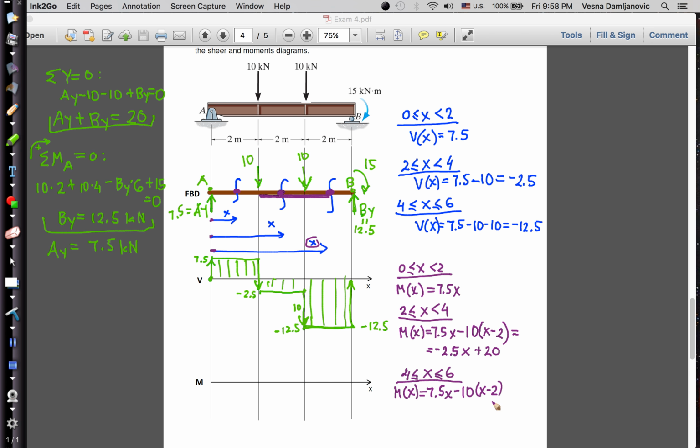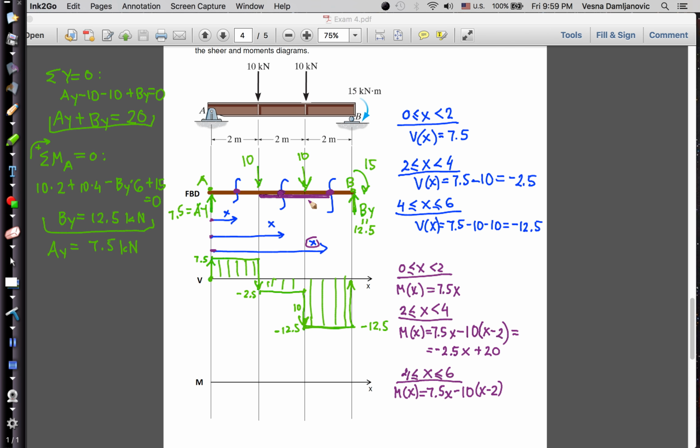So notice, if you keep the x right where it is, always at the same point, you will be copying these functions. Look at the first function. The second section has the same plus something else. The third section has the first two the same plus the third term. Now the third term is going to be different, and so now we have to account for this force here.